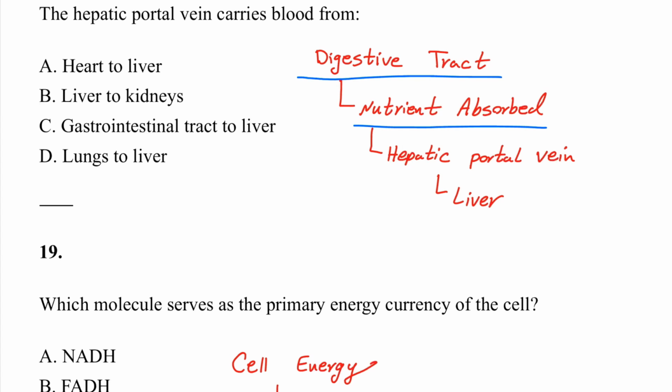Instead, they first travel through the hepatic portal vein. This vessel carries nutrient-rich blood directly to the liver. The liver then processes, stores, and detoxifies substances before they reach the rest of the body. Therefore, the hepatic portal vein carries blood from the gastrointestinal tract to the liver. Option C.